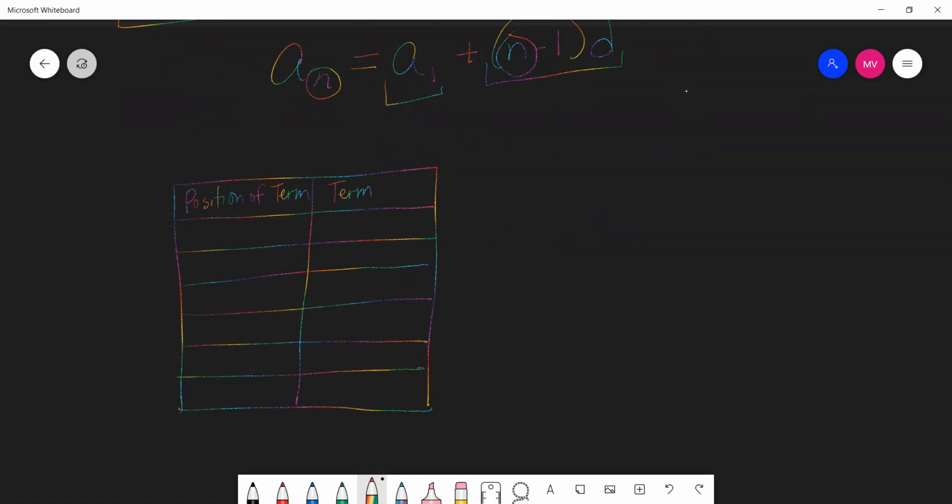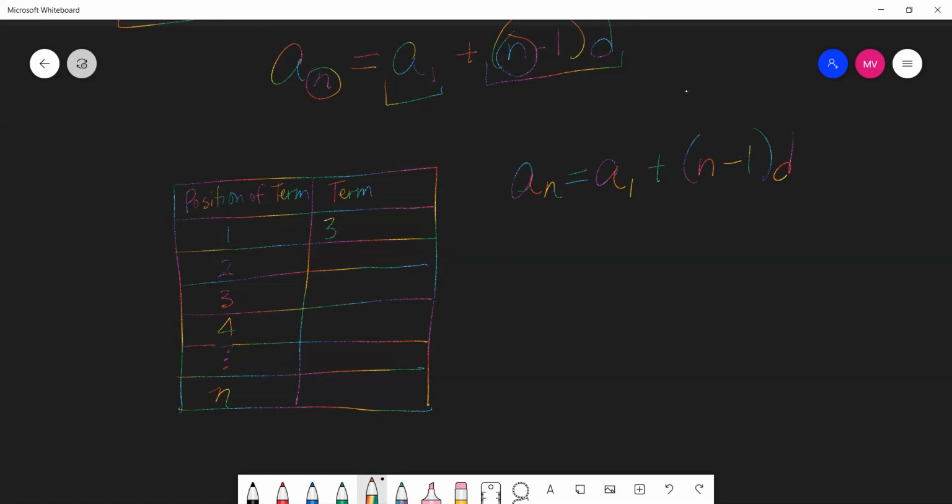Not an artist. I'm not going to go quite as far as they did. 1, 2, 3, 4, with ellipses here to N. Now, the explicit formula, which I gave you before, is AN equals A1 plus N minus 1 times D.